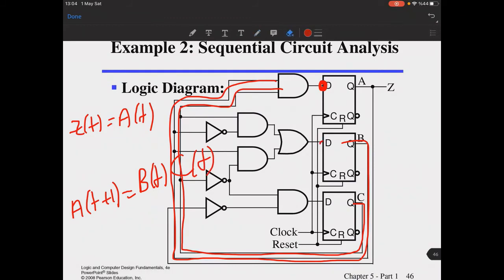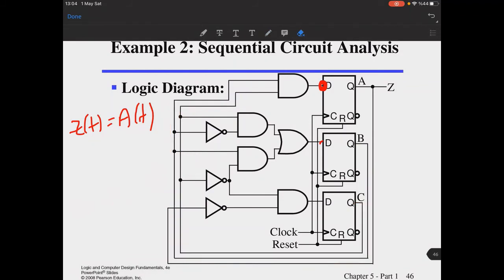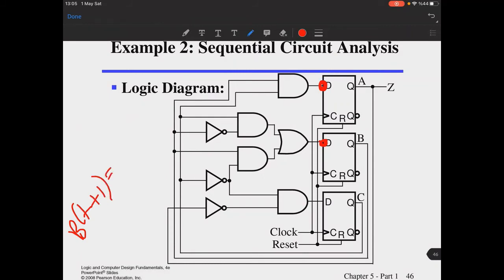And what is your BT plus 1 here? BT plus 1 is, what is this?